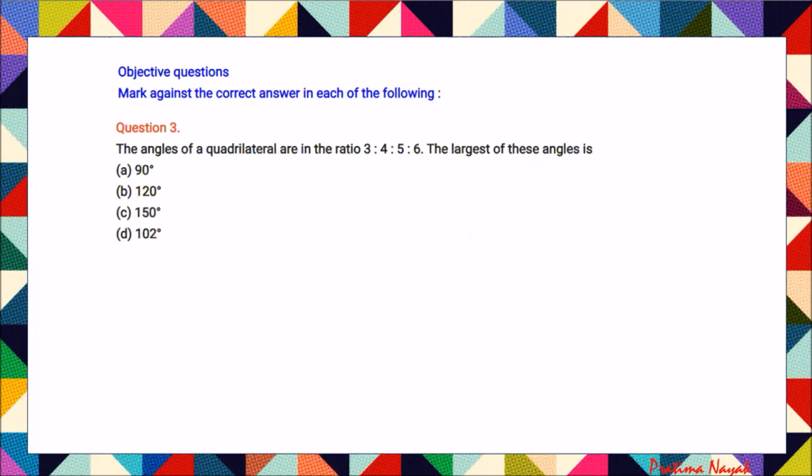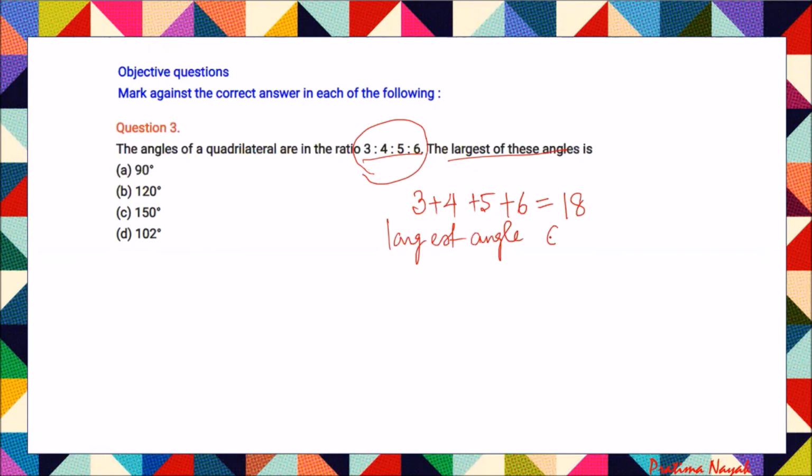Question number 3. The angles of a quadrilateral are in ratio 3:4:5:6. The largest of the angles is how much? If they are in ratio, what are the total parts? It will be 3 plus 4 plus 5 plus 6: 3 plus 4 is 7, plus 5 is 12, plus 6 is 18 parts. And the largest angle is 6 parts.